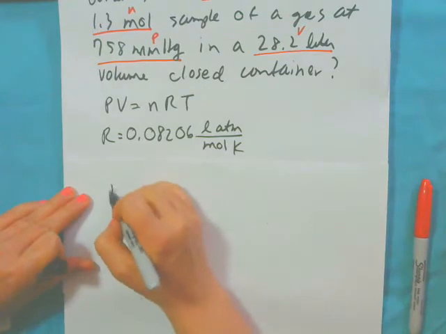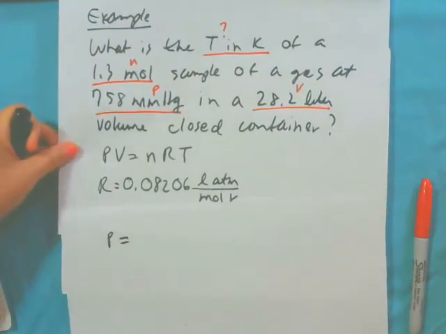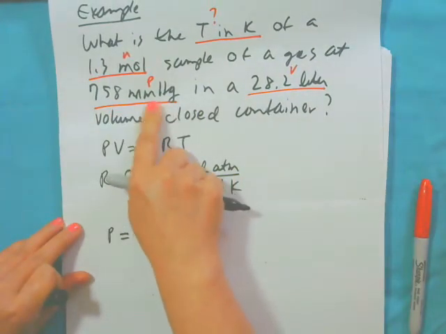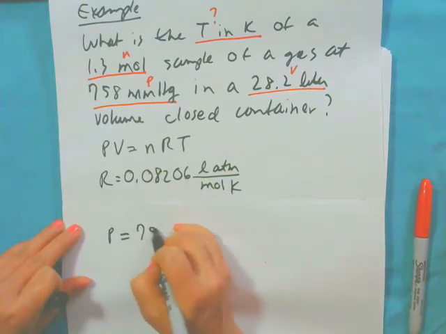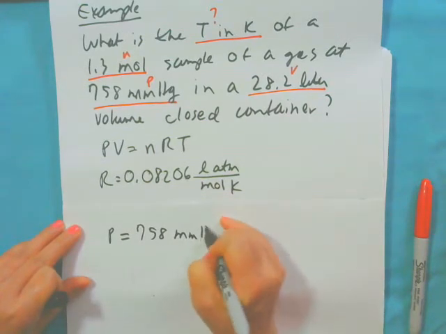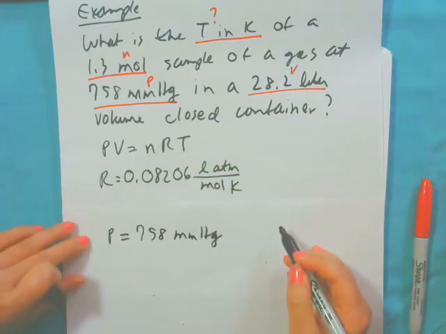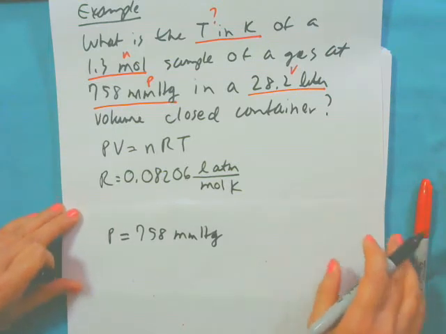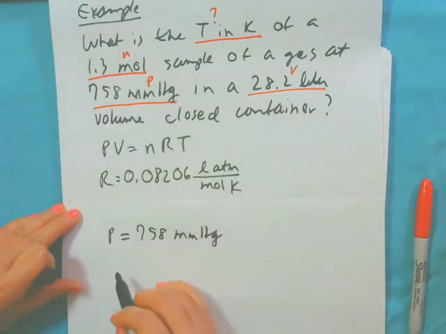All right, so let's look at the word problem and try to figure out what P is. I'm going to say pressure is equal to 758 millimeters of mercury. Don't forget to write out the units, because if you have the wrong units, you will get the wrong answer. And if you don't write it down, you'll forget.